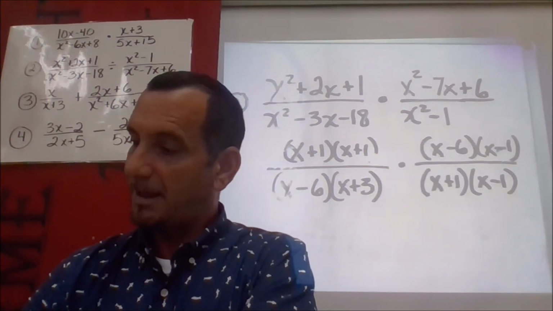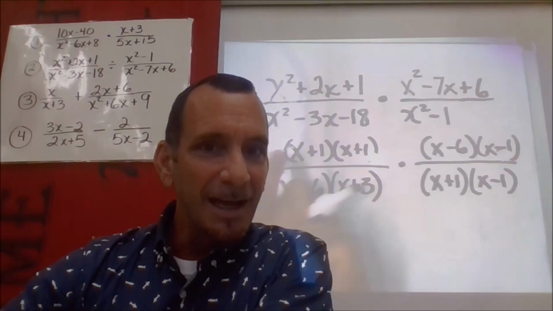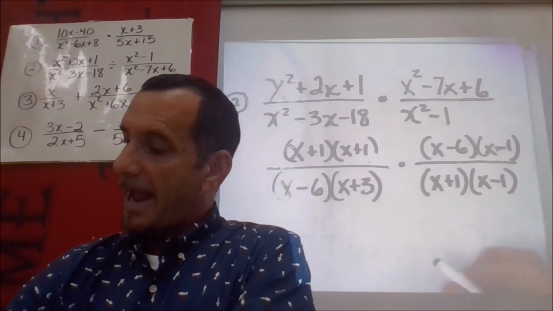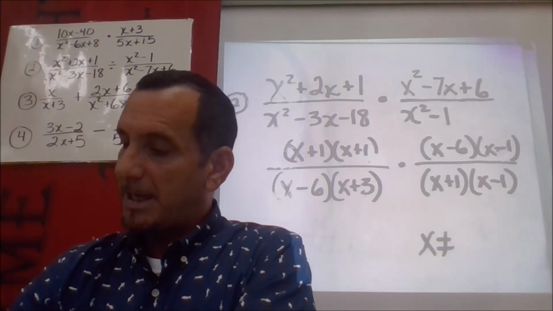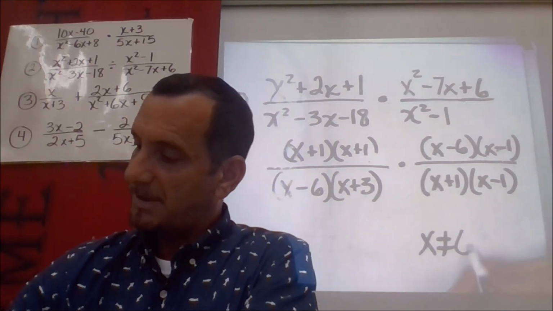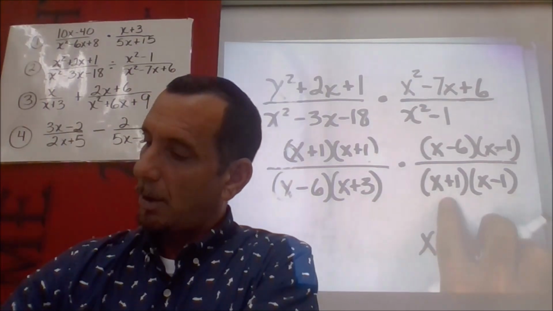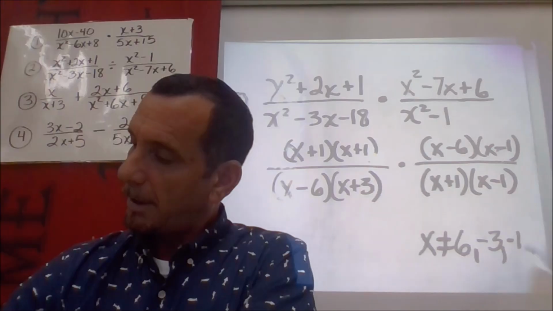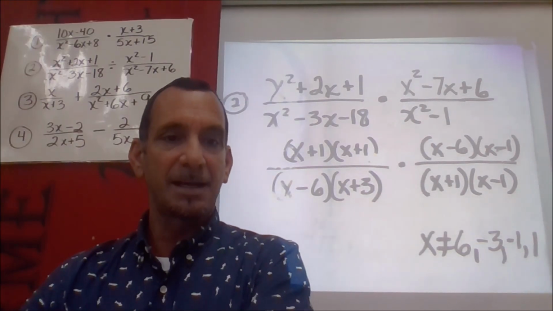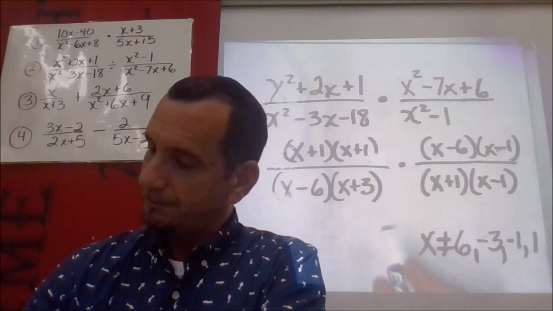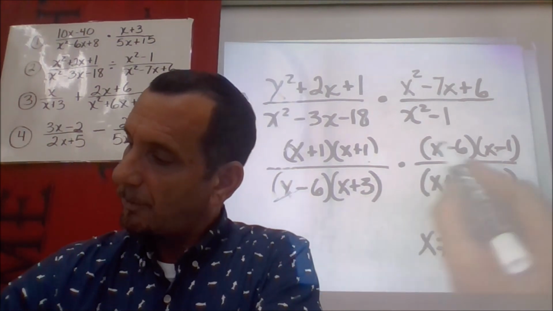Denominator of the second expression. Now I'm ready. I've got them all in factored form, and I'm ready to cancel. X cannot be 6. X cannot be any of these numbers. Cancel, cancel.